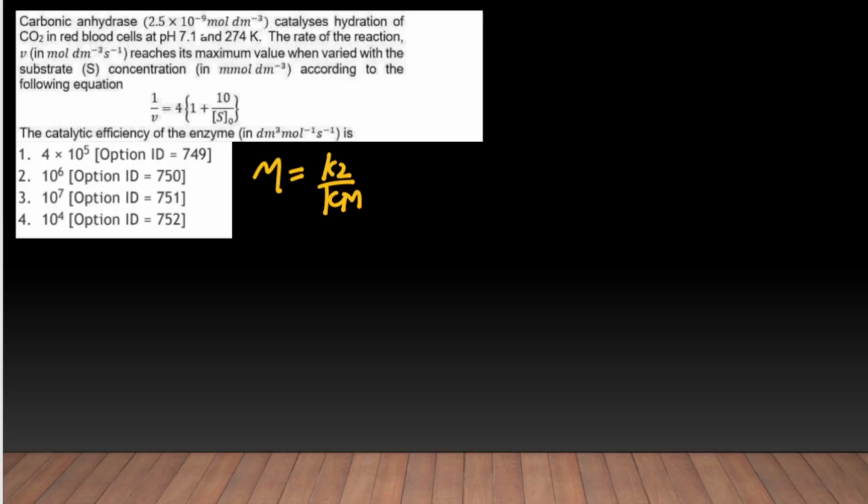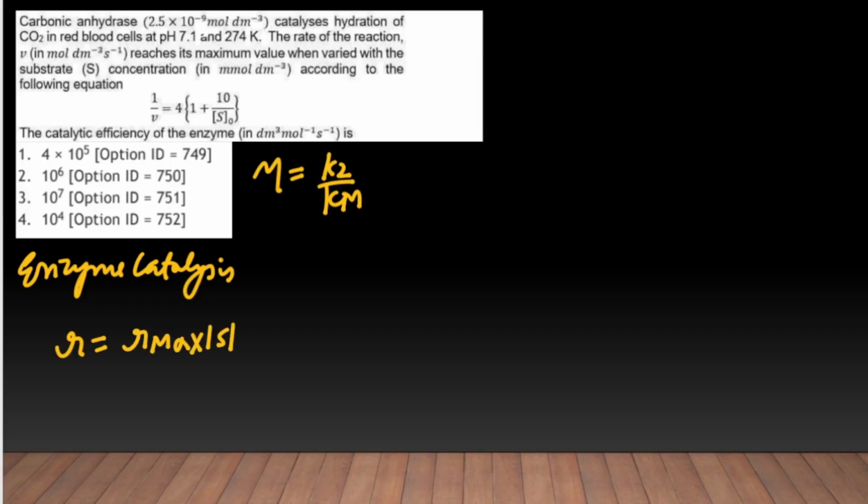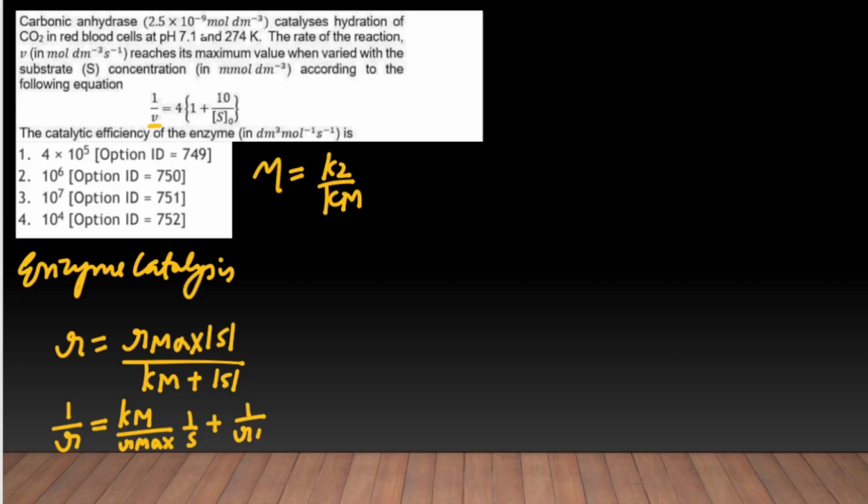For this process, the rate is R max into S upon Km plus S, right? In the given expression, instead of R a V term is used for the rate, and it is 1 upon V, which implies 1 upon the rate. So 1 upon R equals Km upon R max into 1 by S plus 1 by R max.